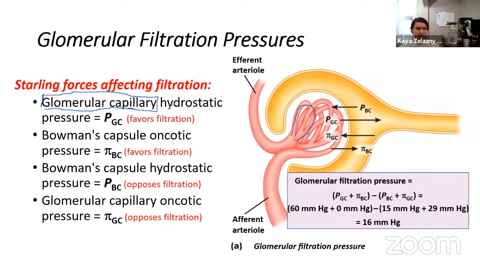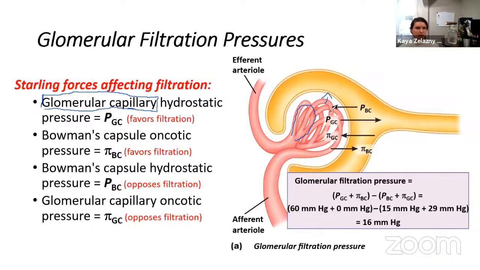Specifically, it's hydrostatic pressure, the pressure of the blood in those capillaries. So we ask in our minds, which direction is the pressure of the blood in the capillary pushing? We know blood pushes out on the walls.